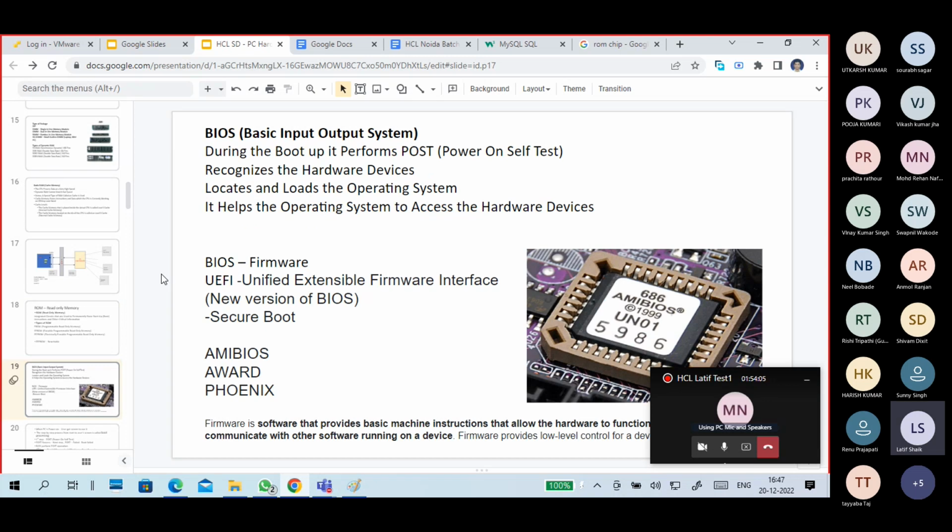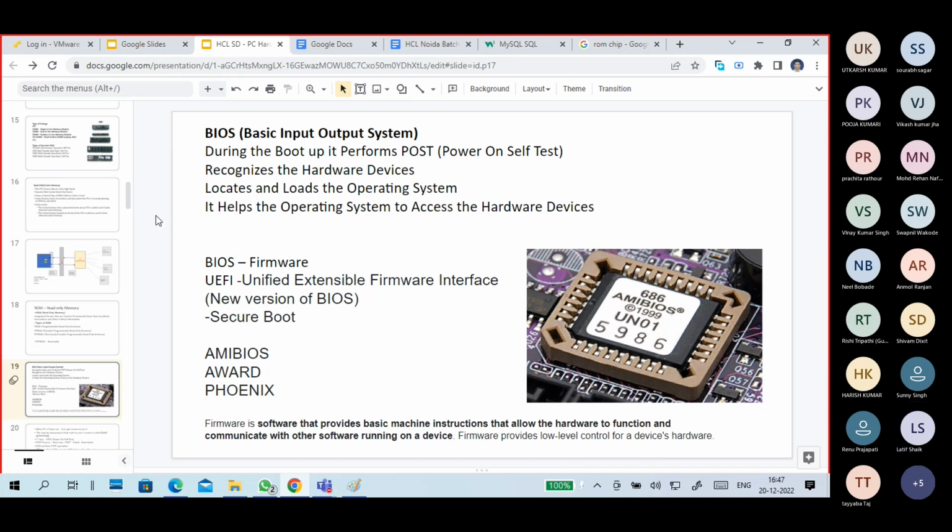This ROM chip we call a BIOS chip. So what is BIOS? Basic input output system. So this is the BIOS chip. It looks like this, guys.